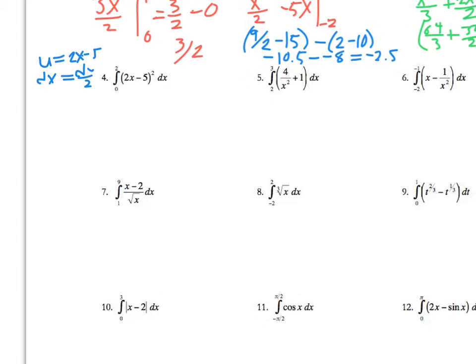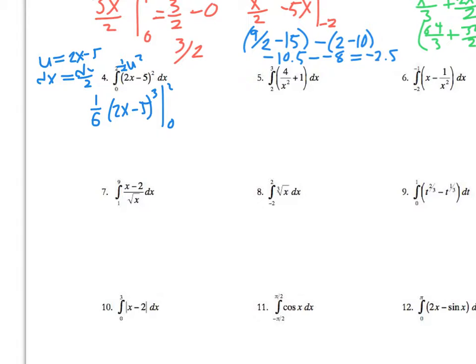In other words, we're going to end up dividing this whole thing by 2 in the end. So we'd end up with 1/2 u squared, u to the third over 3. So we end up with a 1 over 6, 2x minus 5 to the third, going from 0 to 2.